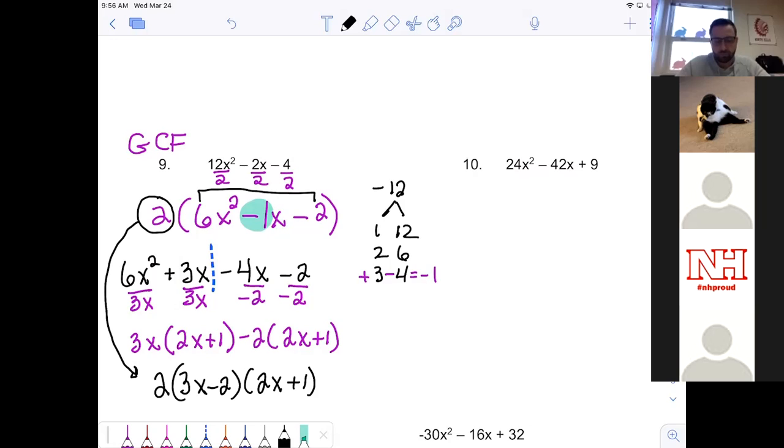All right, so if you look at number 10, these numbers are a little tricky. 24, 42, and 9. Michael, 24, 42, and 9. Looks like they should have a GCF.